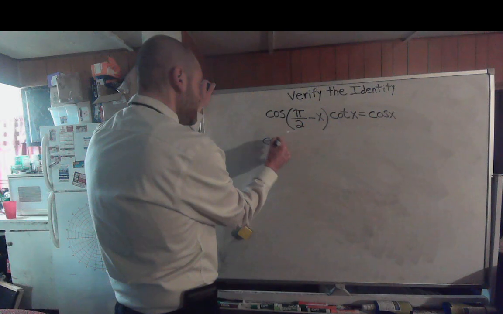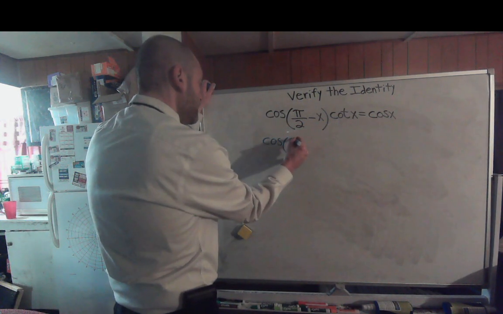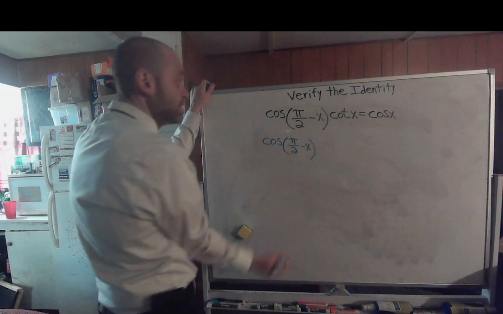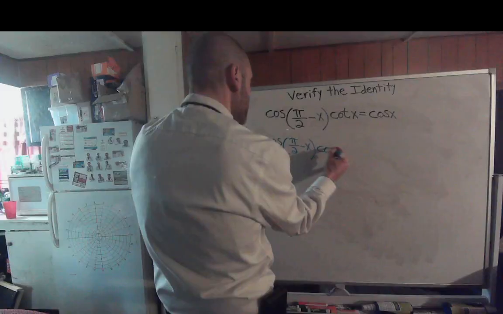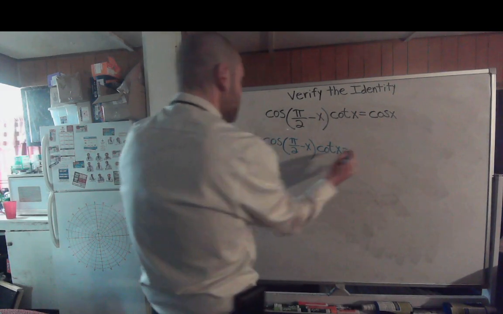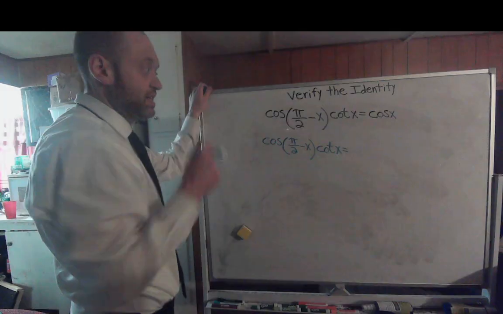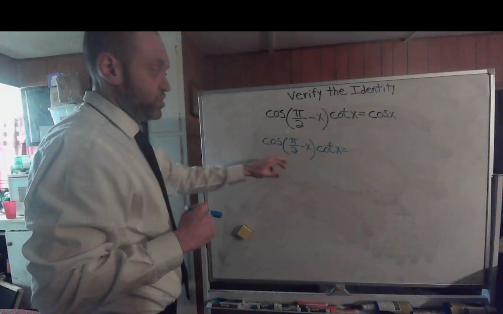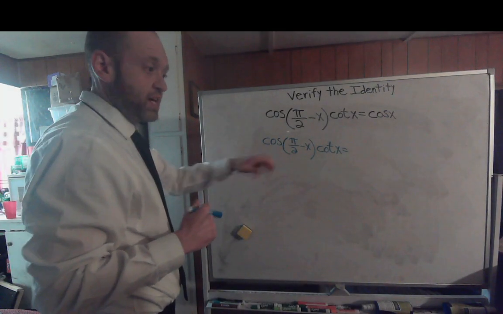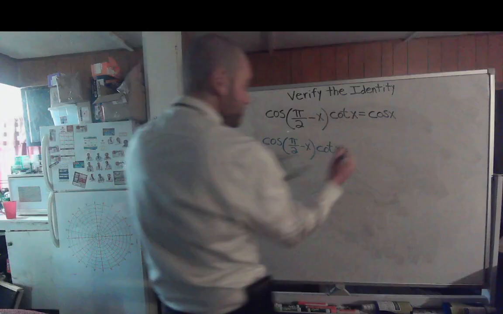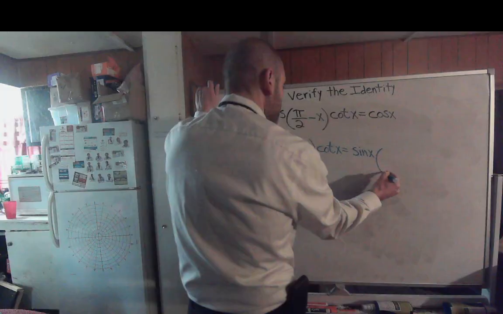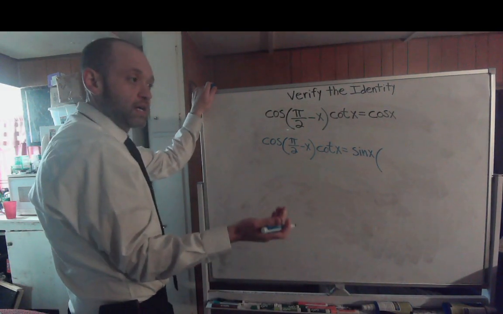So the cosine of pi over 2 minus x times the cotangent of x equals, now let's simplify that left-hand side. So we have a cofunction identity here. So the cosine of pi over 2 minus x, that just turns into the sine of x times, now what's the cotangent of x?